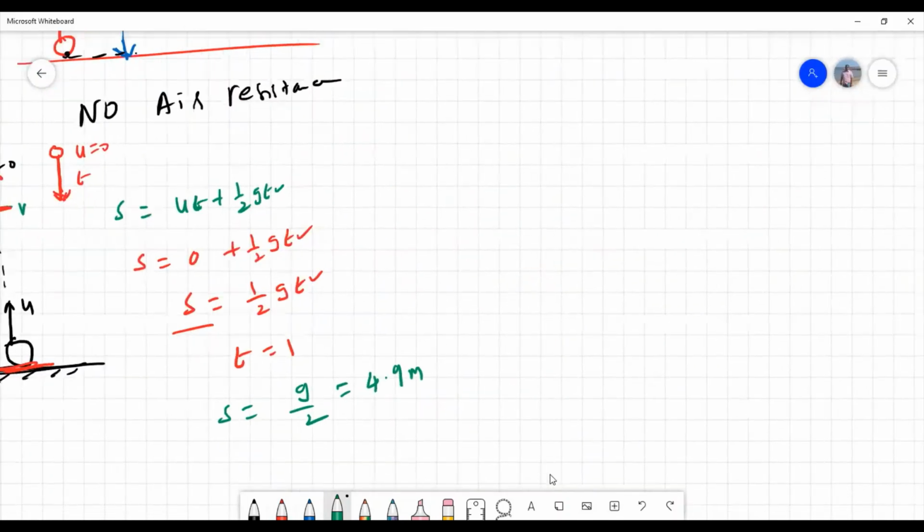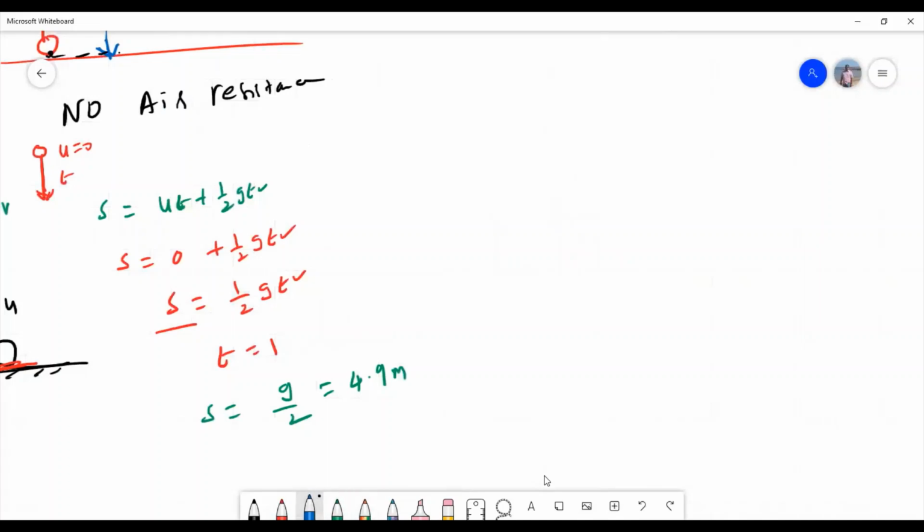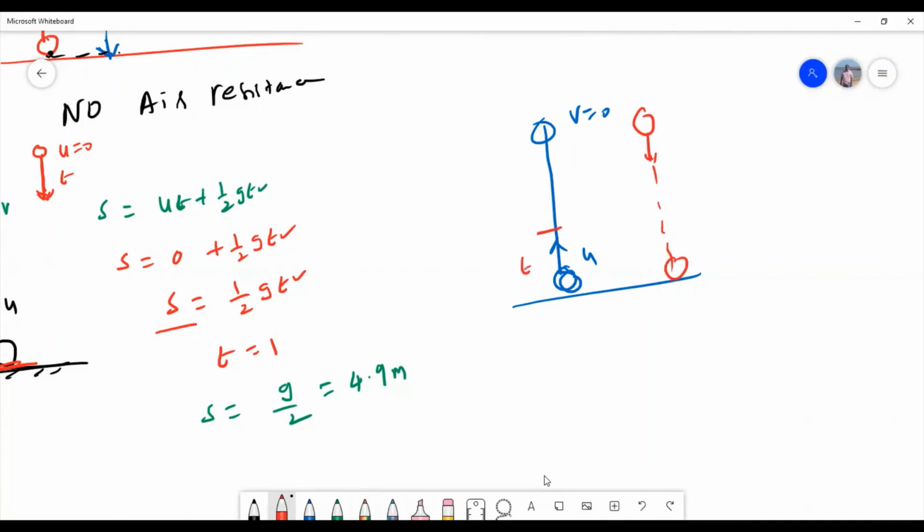The same logic we can apply in the reverse also. Suppose we take a vertically projected body projected with velocity u to the highest point. Taking the reverse, it is a freely falling body that falls to the ground. Take t seconds here and t seconds here. The distance covered by a vertically projected body in the first t seconds is the same as the distance covered by a freely falling body in the last t seconds.